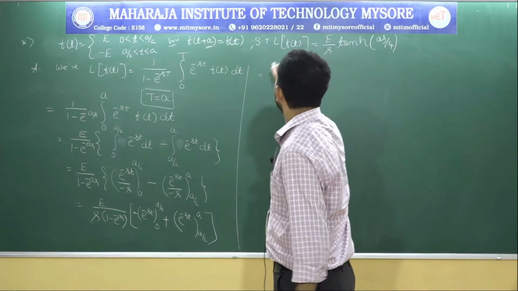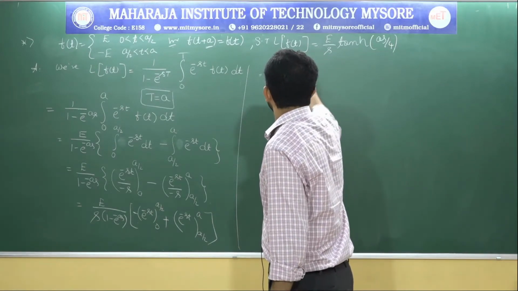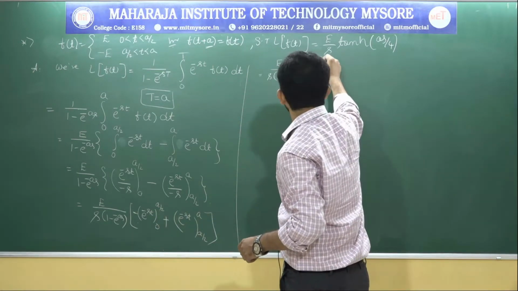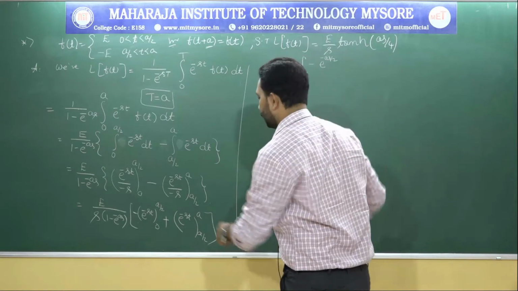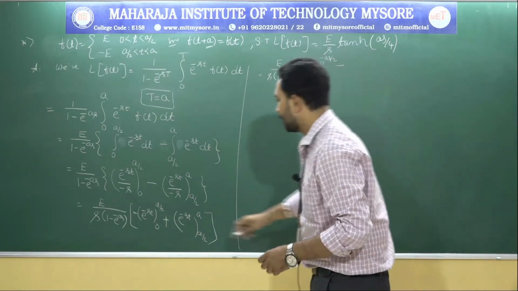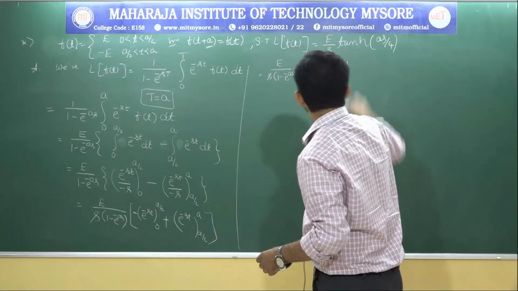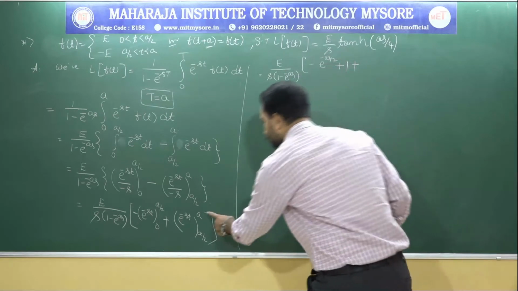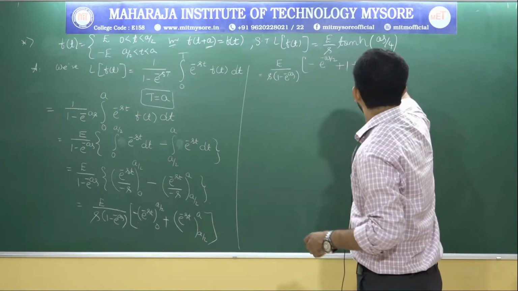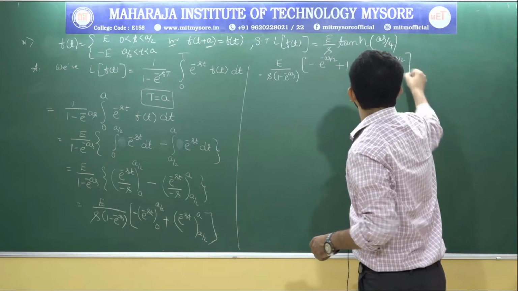Apply the limit. E divided by s into 1 minus e power minus as, upper limit, it is minus e power minus as by 2, in the place of t put a by 2, minus lower limit e power 0 is 1, it is plus 1, plus e power minus as, for lower limit minus e power minus as by 2.